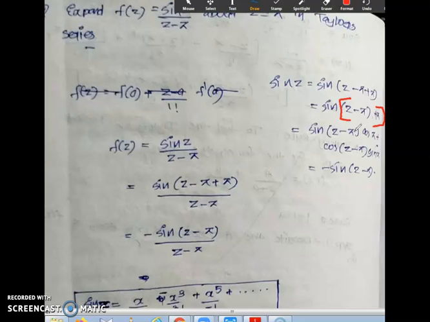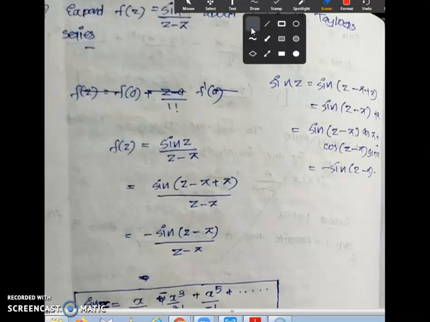So now it is of the form sin of a plus b. What is sin of a plus b? Sin a cos b plus cos a sin b. So here we get the values after writing sin a cos b plus cos a sin b.